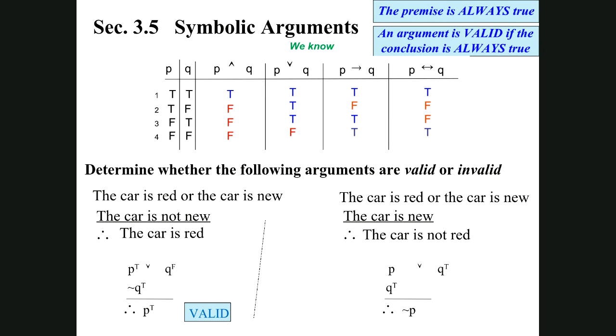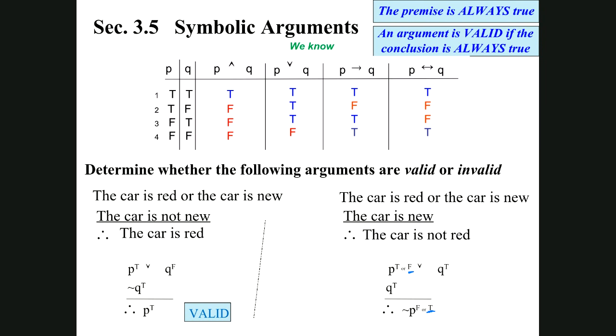If P is true, then not P is false. If P is false, then not P is true. So that means our conclusion could be false or true.